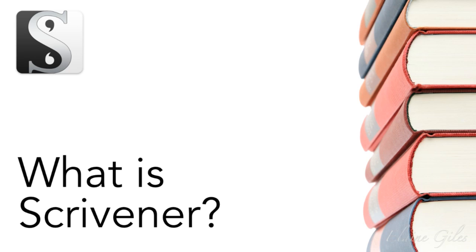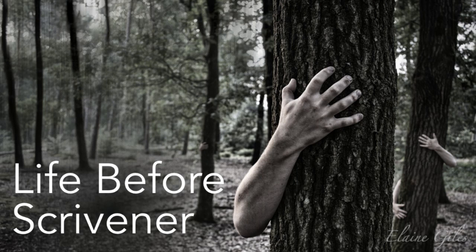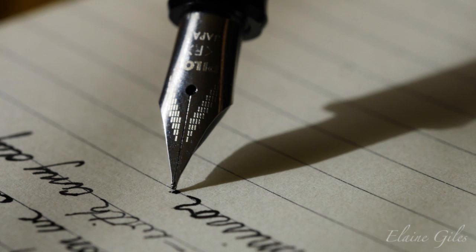Okay, so as I say, it's more than a traditional app. It's a Swiss Army knife for writers. It's got every feature in that you could possibly need, and probably some you will never even look at. It's best explained by looking back to life before Scrivener. Back then, when you were writing, it tended to be a monolithic production. If you were really lucky, you started at the beginning and you wrote on until the end.